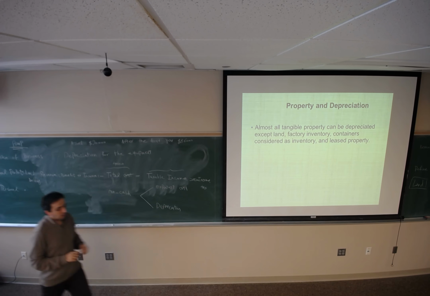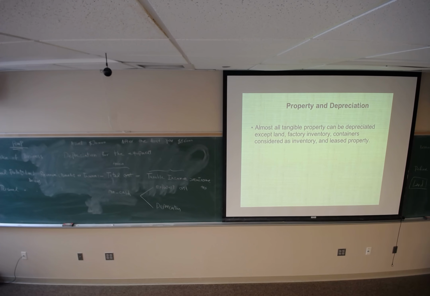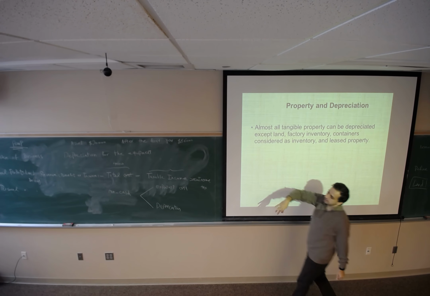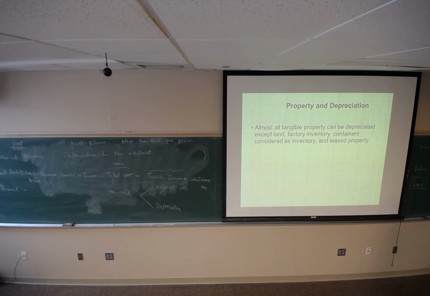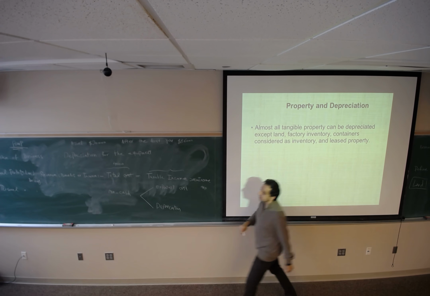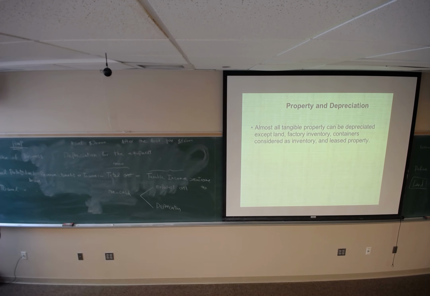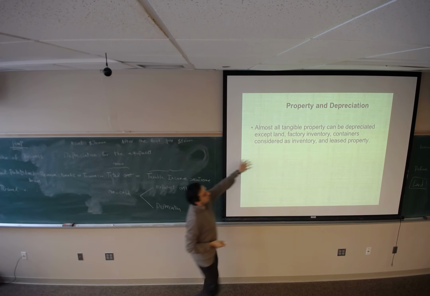Almost all tangible property can be depreciated, except land. Land cannot be depreciated because it doesn't have a useful life and it's not going to lose its value. Factory inventory cannot be depreciated, or leased property.